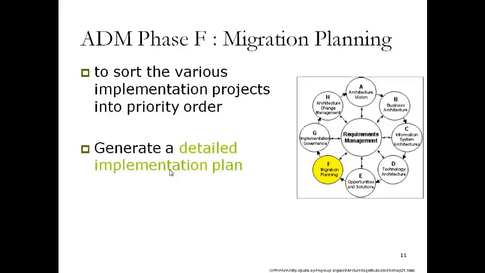In phase F, we're looking at migration planning. So we have to sort the various implementation projects into priority order. A little bit of project management activity going on in here, and we need to know the prioritization and critical path throughout this development.